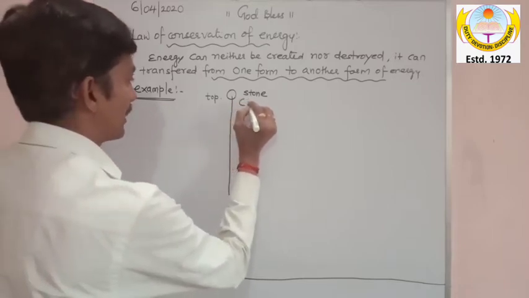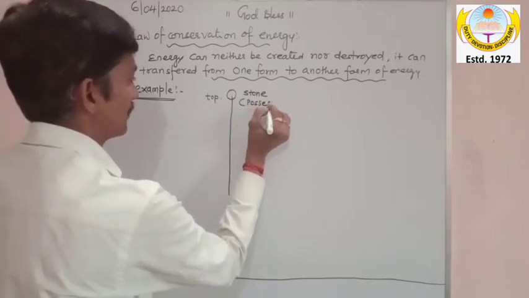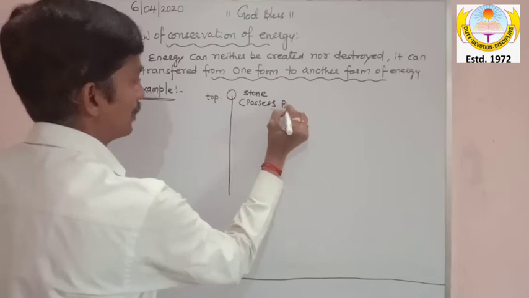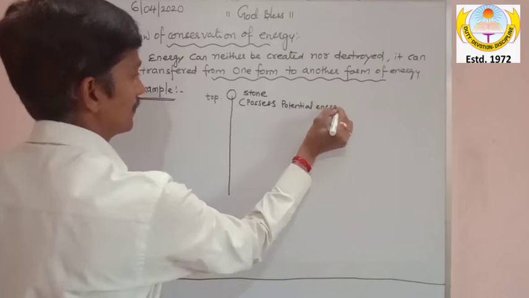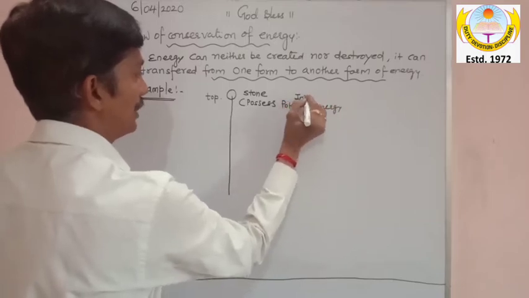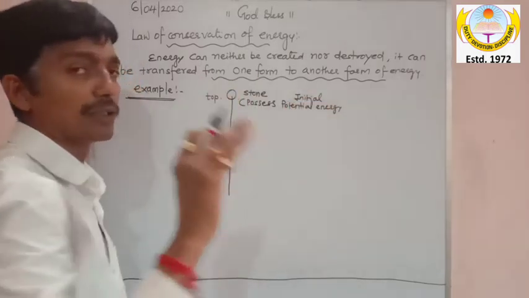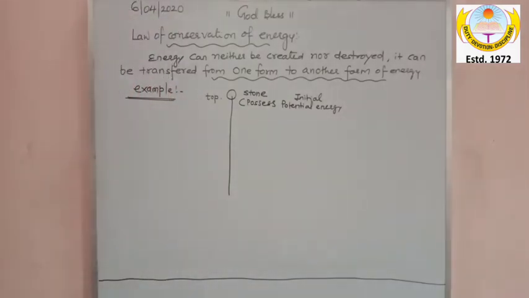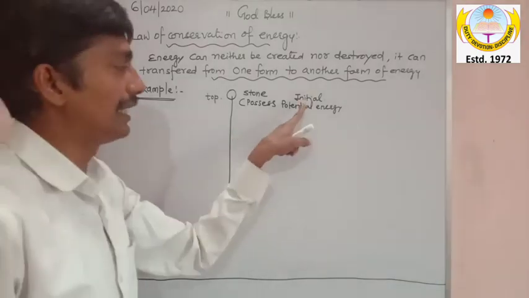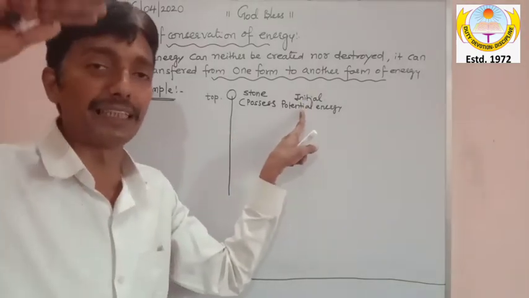Sir, the stone possesses potential energy. This is called initial potential energy because it is in the beginning. The stone possesses potential energy, and that energy is called initial potential energy at the top.